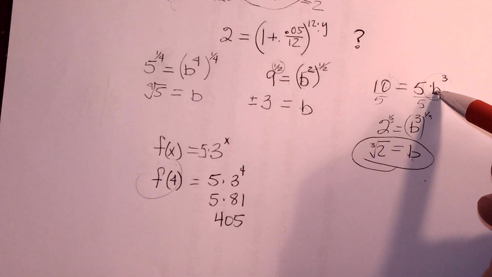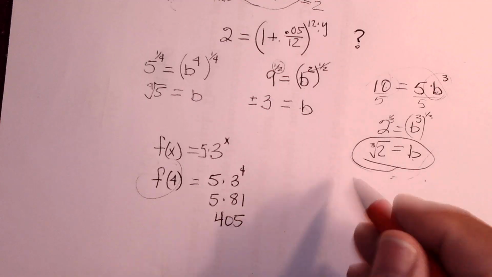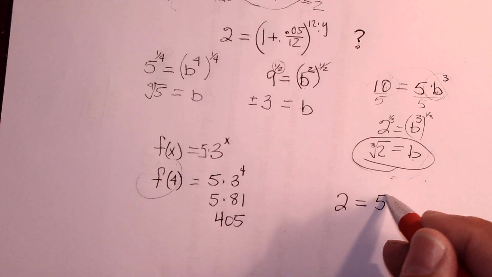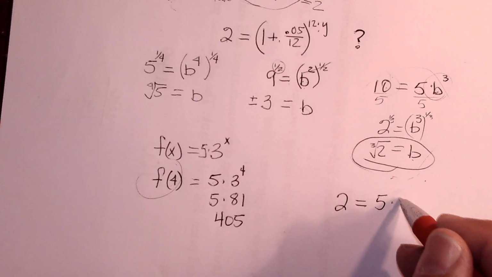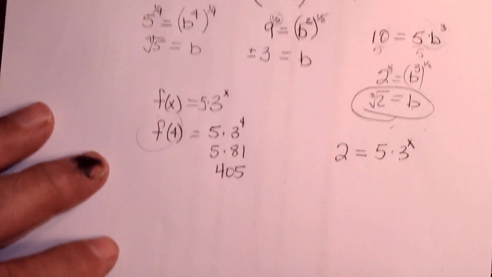If we don't know the base, we can do what we did here. But what if we had times 3 to some power? What if we have to solve for the power? All right.